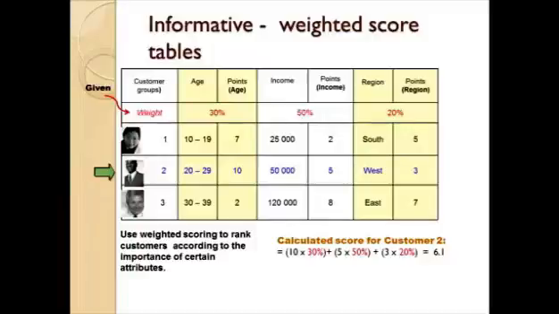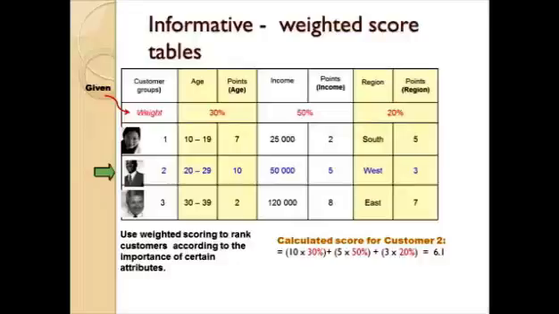With that information, we can then calculate a score for each customer. In the example shown there, for customer 2, his score would be 6.1. Similarly, we can calculate the score for customer 1, customer 3, and so on.